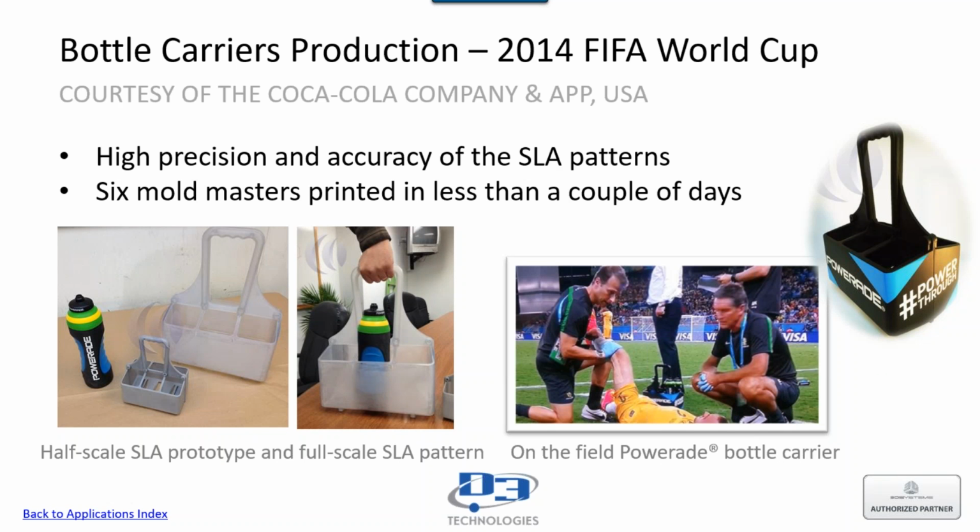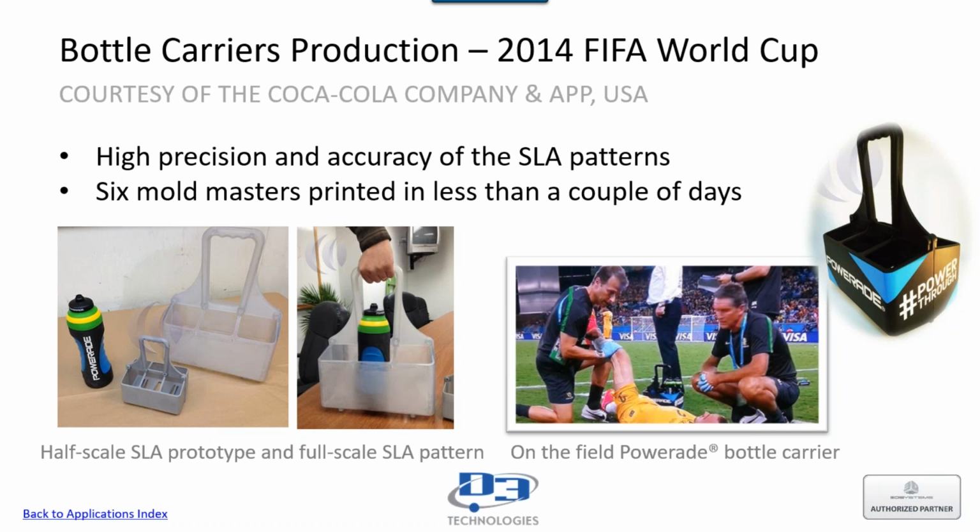Their whole challenge was really redesigning, prototyping, casting, and even decorating and shipping about 150 cast urethane bottle carriers for Powerade to be used as a promotional item in the 2014 FIFA World Cup. They also had to complete this within 30 days. With the combination of using these 3D Systems SLA printing, or stereolithography printing, they were actually able to do that, even with a couple of days to spare, believe it or not.